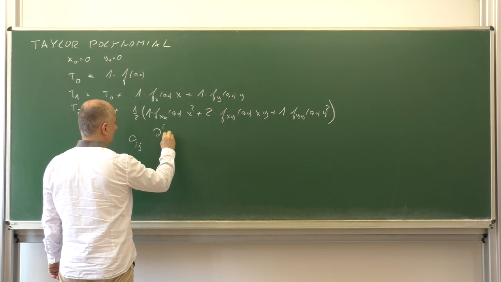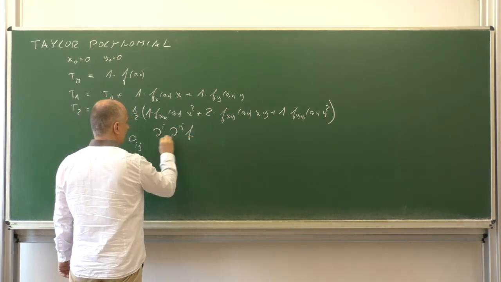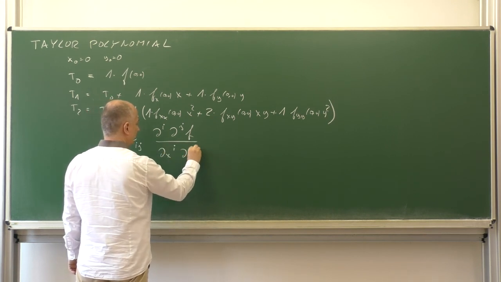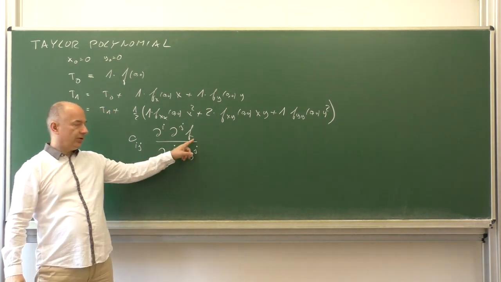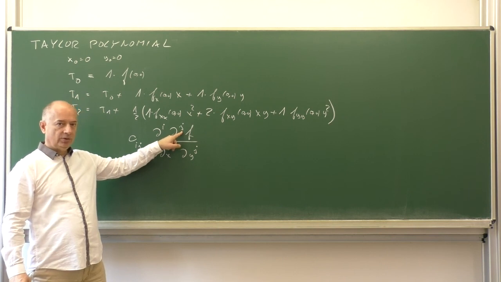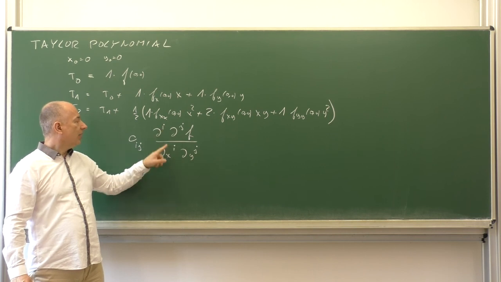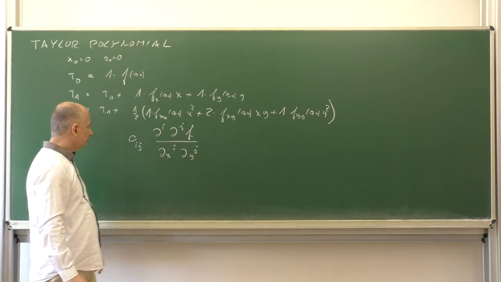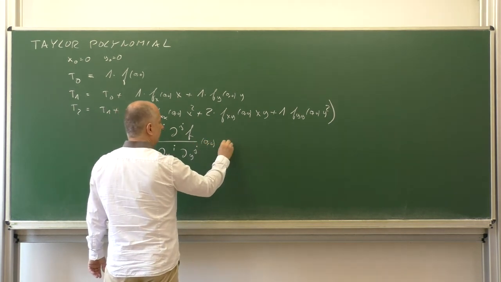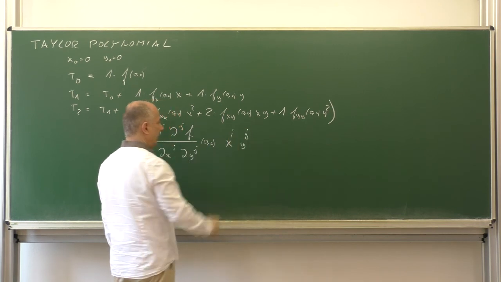That means we take the function and we differentiate j times with respect to y and i times with respect to x, at the point (0, 0), times x to the i, y to the j.